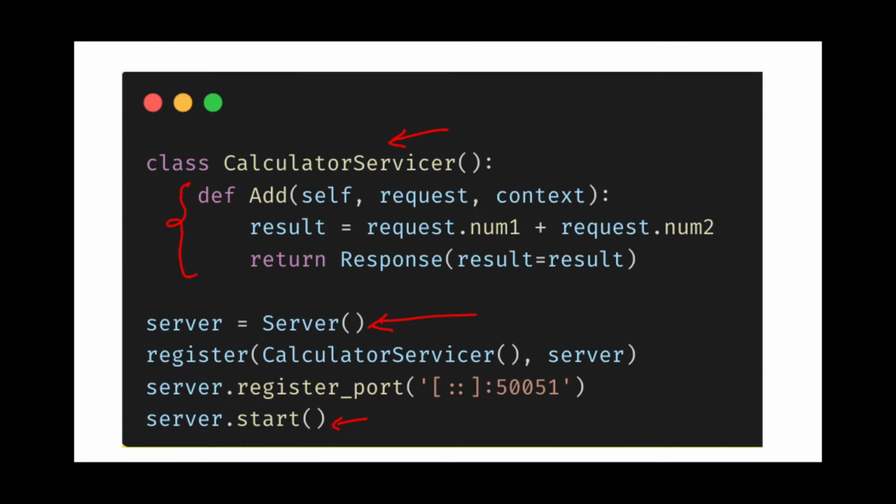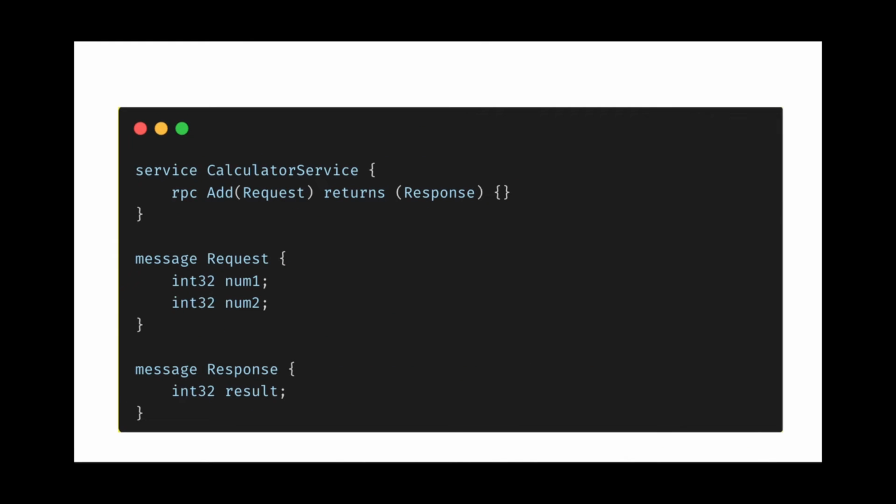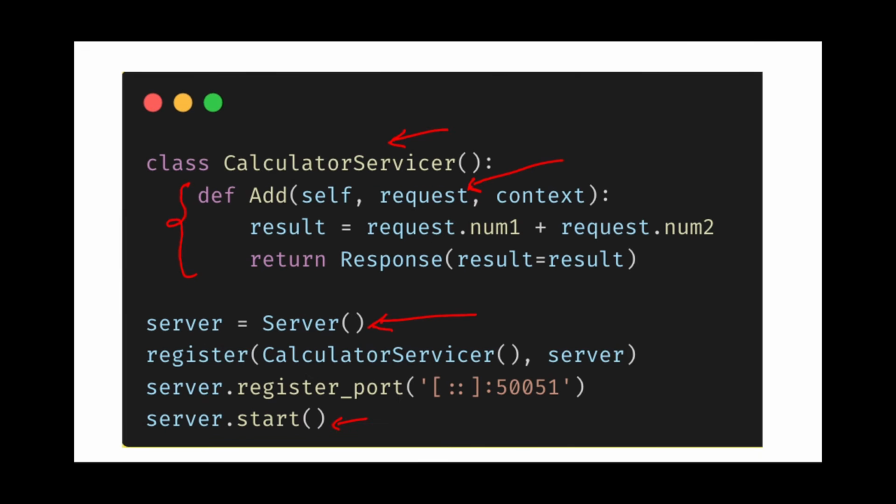And here we have implemented the addition function. That's what we wrote in the IDL file, right? That the server is going to implement this add function. It takes a request, that's what we have written here, right? It receives a request and returns a response. The function defined in the server receives the request we defined in the IDL file, and from the request it takes both numbers, num1 and num2.